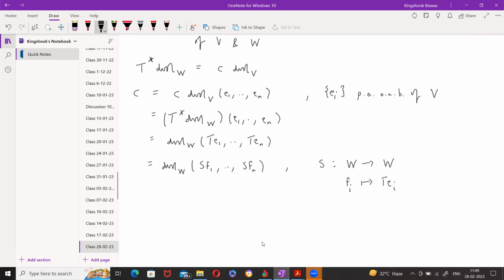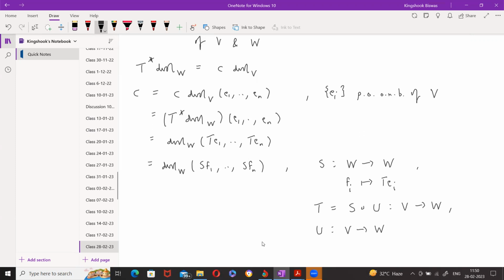So what does that mean? That means that T I can write as S composed with U, from V to W, where U is the unique linear map from V to W.